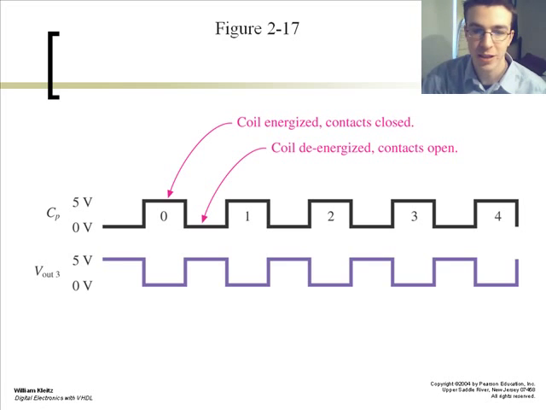This is because 0 volts is displayed for the output when there's a 5 volt clock pulse, and so on and so forth, along with the other side of it. With the 0 volt clock pulse, you have a 5 volt output.